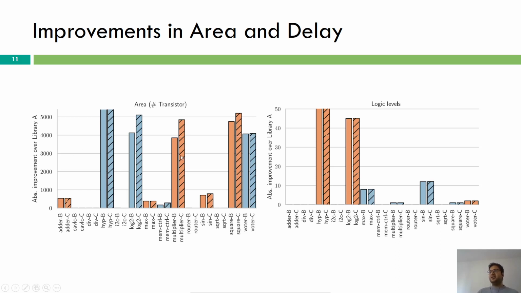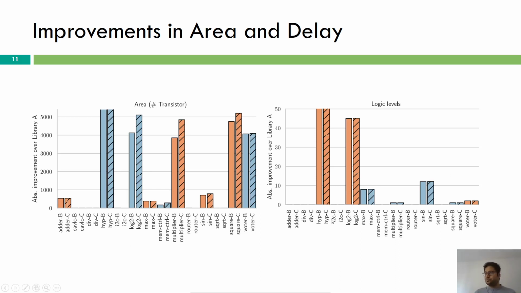In the previous work we just listed the standard cells from other works, and based on this self-duality-based standard cell excavation, we get improvements in almost all the benchmarks. We get more in square, multiplier, and even log.